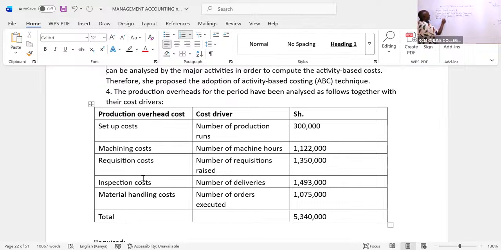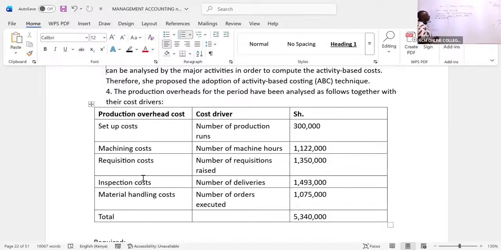So we start with setup costs. The cost driver there is number of production runs.